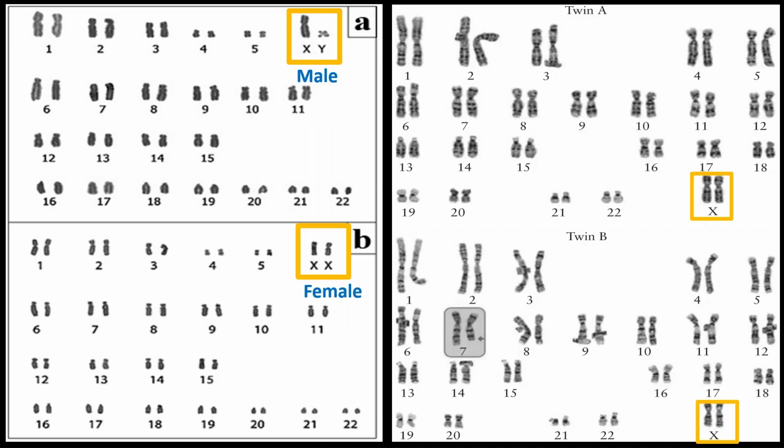But be careful in its usage. If it is not given to you, do not decide. So if you check on the right side, twin A is a female because of the same reason. There are two large X chromosomes there, or two large chromosomes there. And then if you check the second one too, it's a female because there are two large chromosomes.